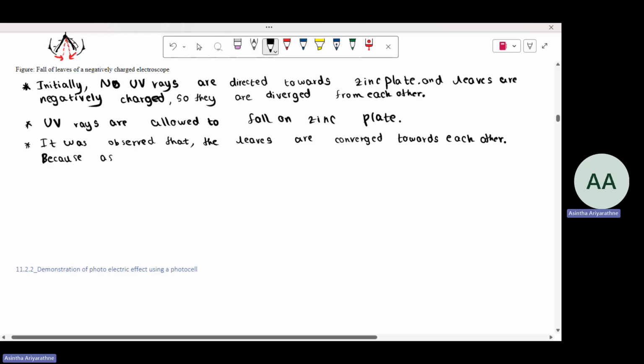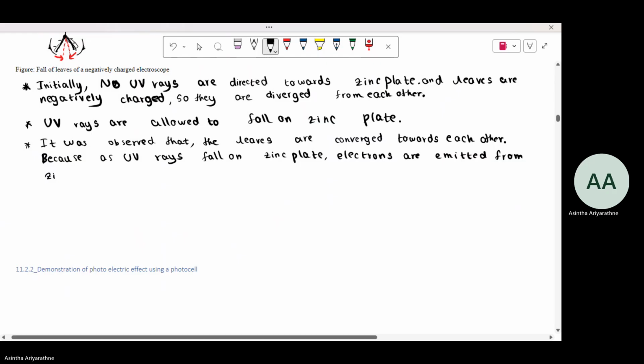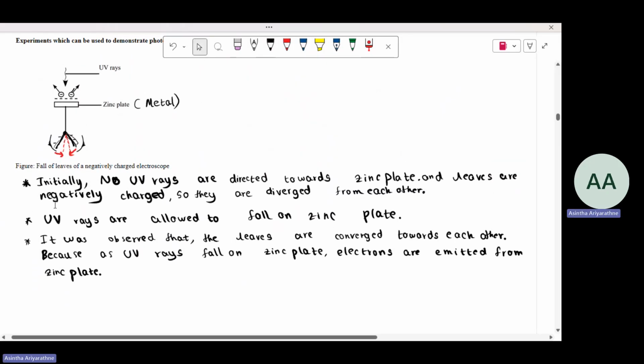Because as UV rays fall on the zinc plate, electrons are emitted from the zinc plate.